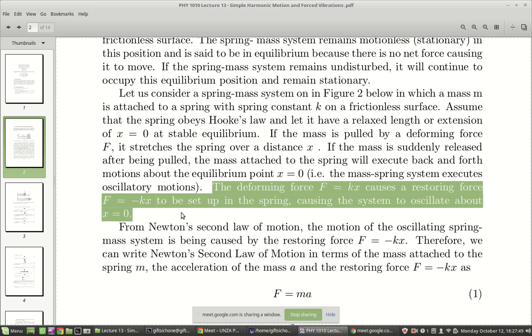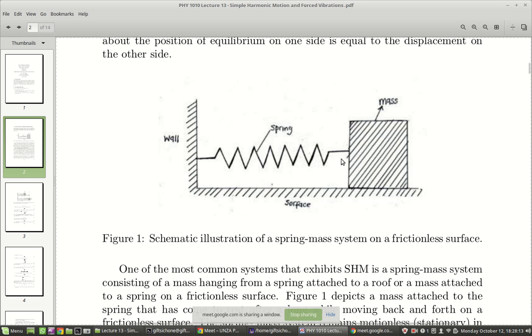So in our case here, when you pull the mass, the spring stretches. The spring is going to be unhappy about your actions. So the spring is going to set up a force inside itself, which is going to pull back the mass. So the moment you let go of the mass, you see that the mass moves to the other side.